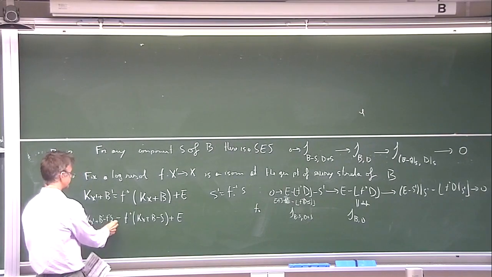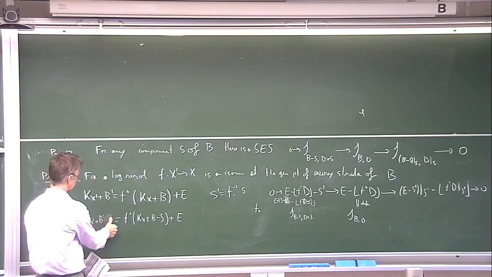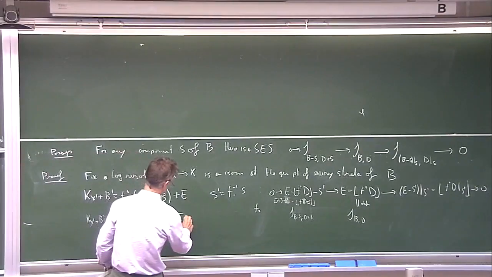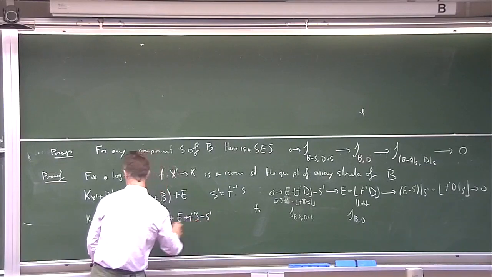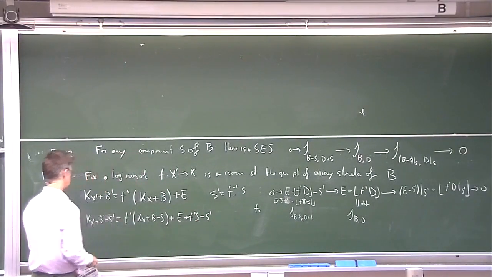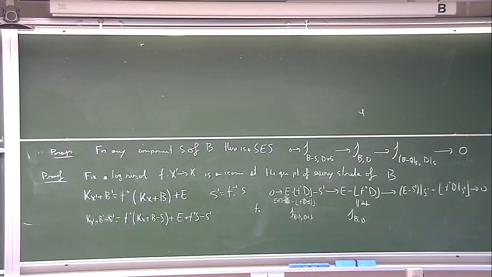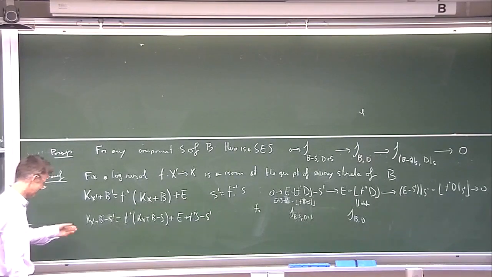Okay, I can take this to the other side, and it's still an equality, plus the pullback of S. And now I want to write minus S prime, minus S prime. It worked.